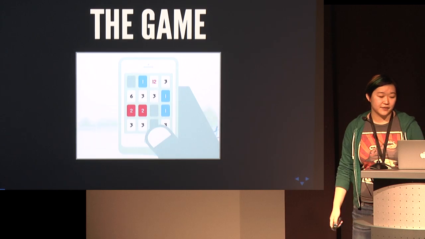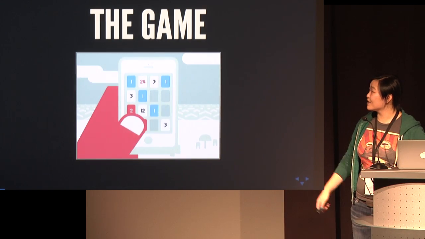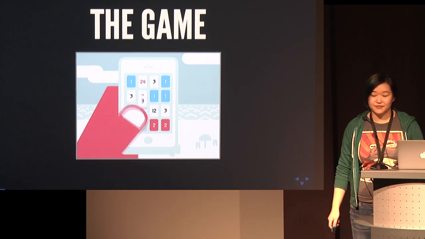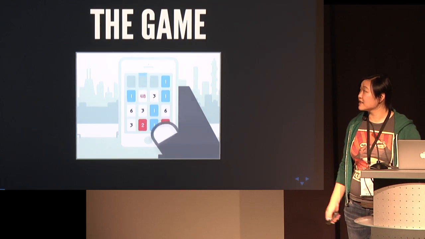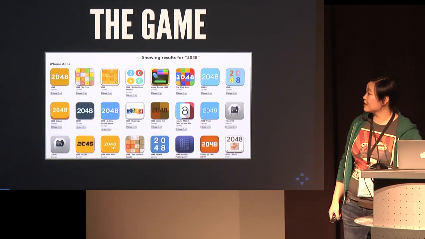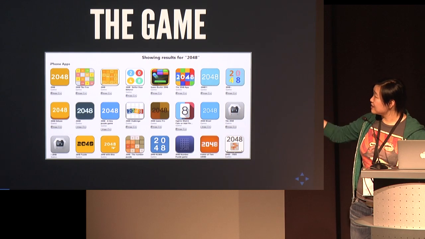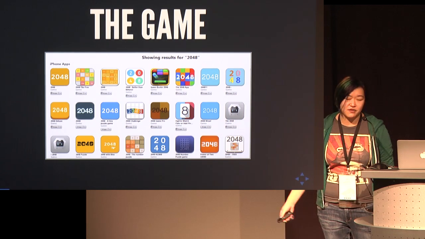That's the basic idea. So Threes came out, and then suddenly, for some reason, I think someone implemented a simpler version of it, open source, and suddenly all kinds of clones came up. The original is 2048, and there are all kinds of 2048-like games. I think the most popular was 1024.